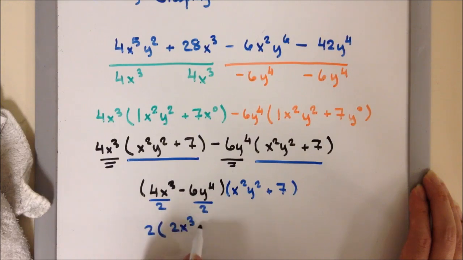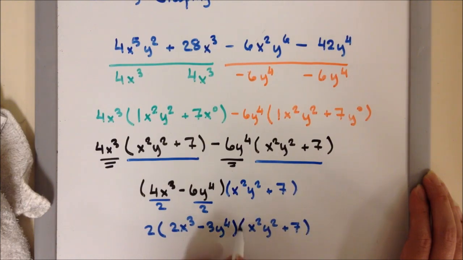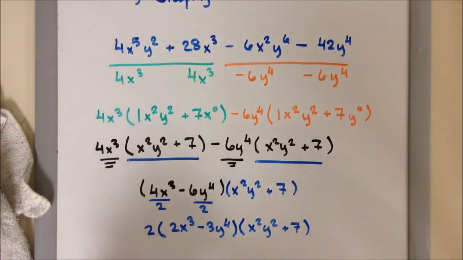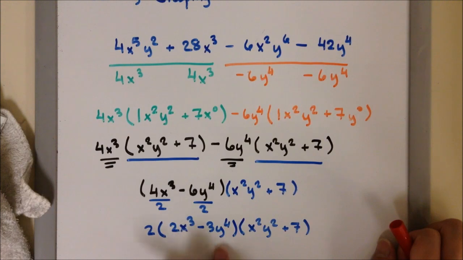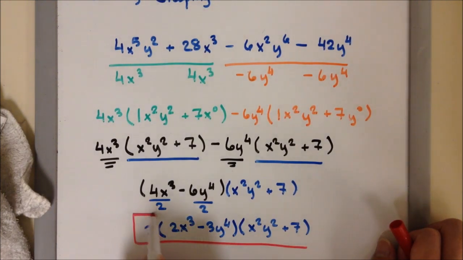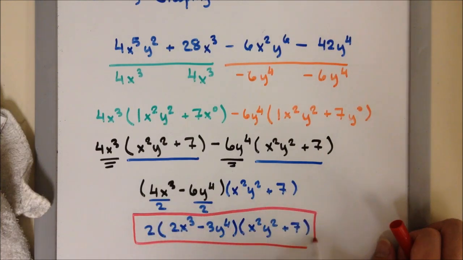Negative 6 divided by 2 is negative 3 with y to the fourth. And then this will stay the same: x squared y squared plus 7. So my final answer is 2 times 2x to the third minus 3y to the fourth times x squared y squared plus 7.